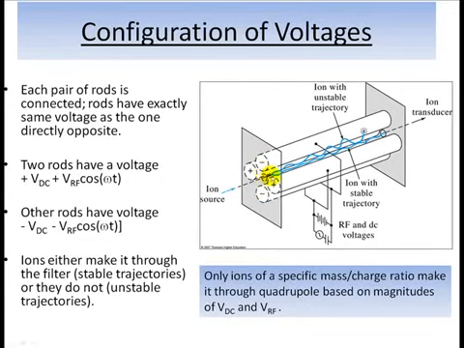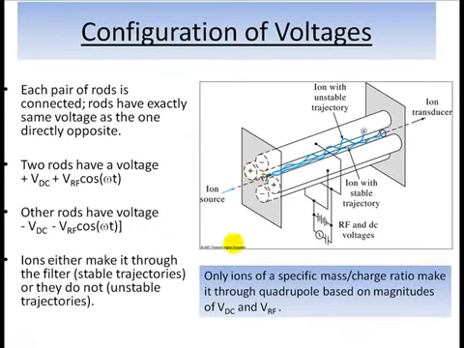Ions, as they're going down through this central area within the quadrupole, are affected by the fields because the ions have a positive charge on them. At any given time, if the ions are sensing a negative field, they'll be attracted in that direction.